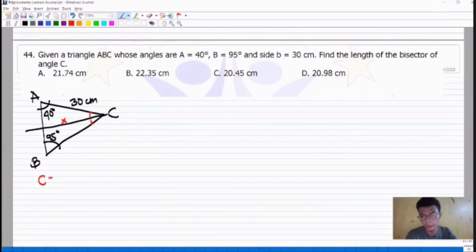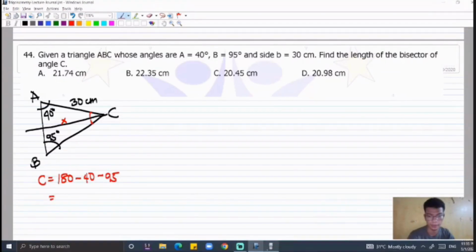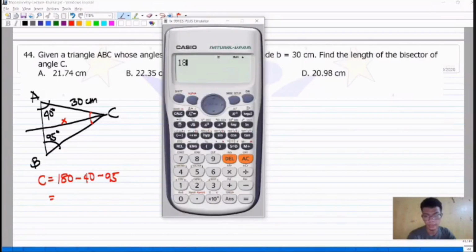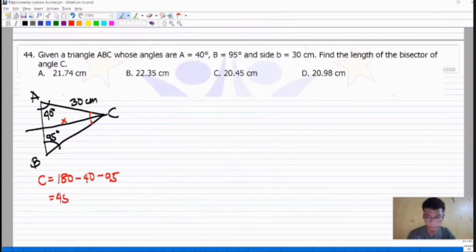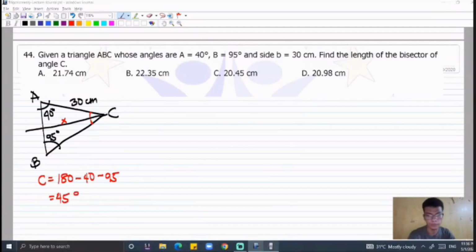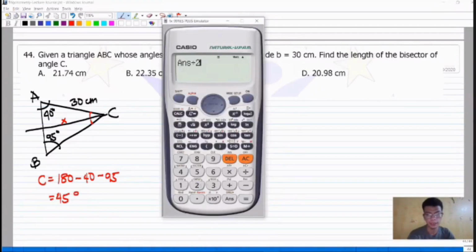So, kunin muna natin yung angle C, which is 180 minus 40 minus 95. And the answer is 45 degrees. Yung 45 degrees na to, siya yung angle C na mahahati sa dalawa, kaya ito ay magiging 22.5.